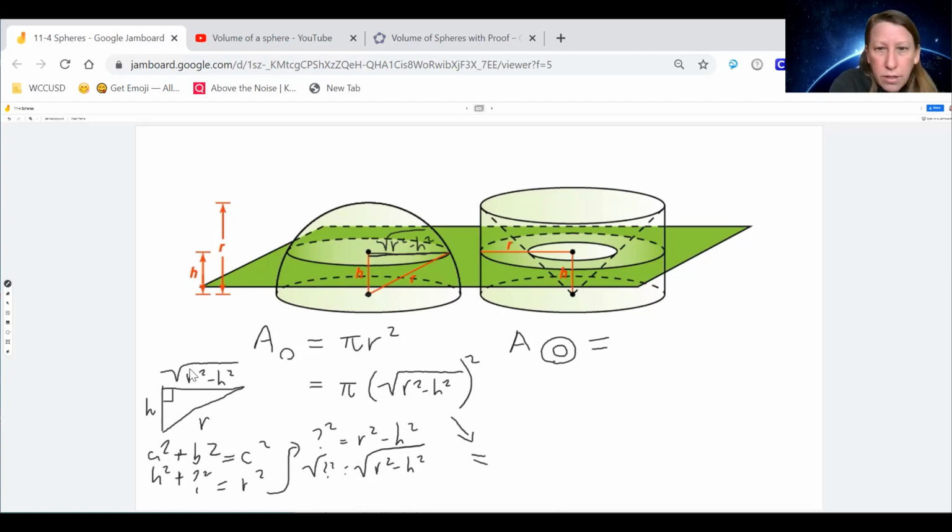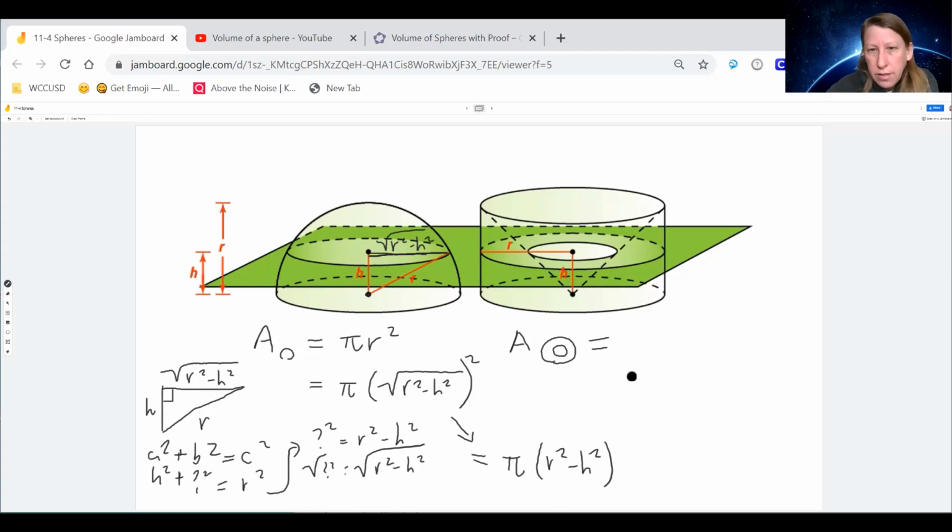This is going to come over here. This is going to be pi times r squared minus h squared. That's the area of this circle, because it's pi r squared, and this was the radius that we wanted. The radius that's changing in relationship to the height.